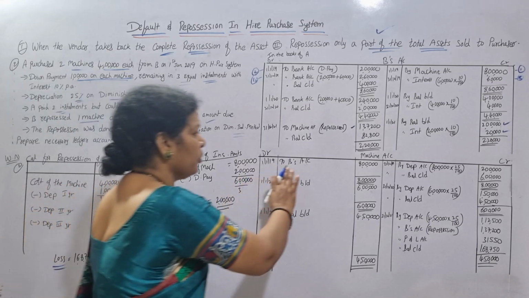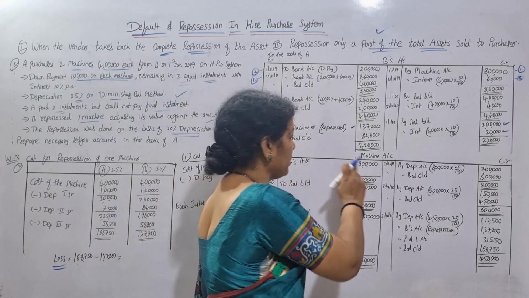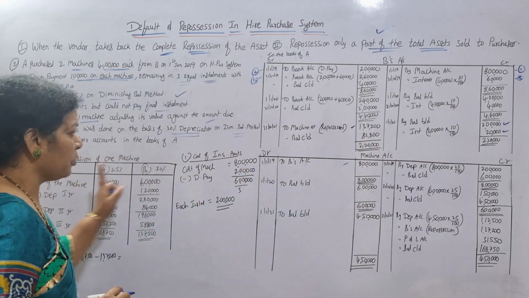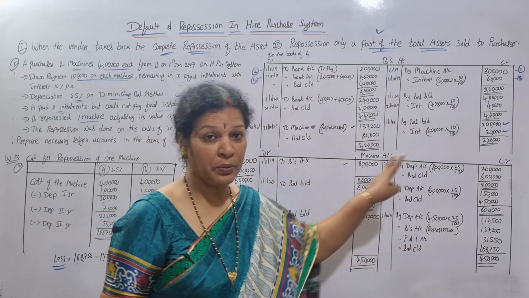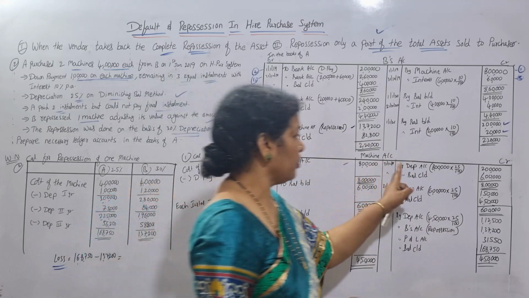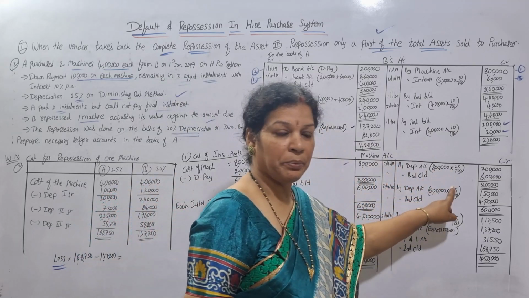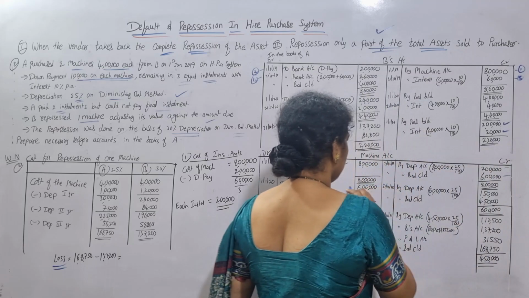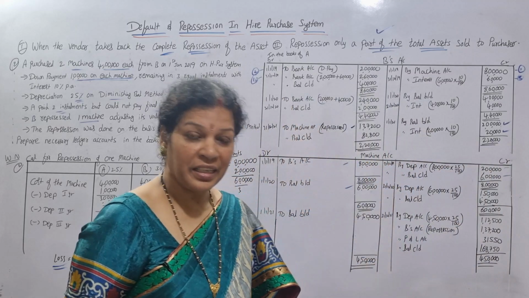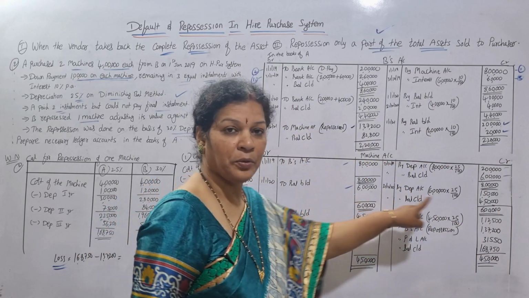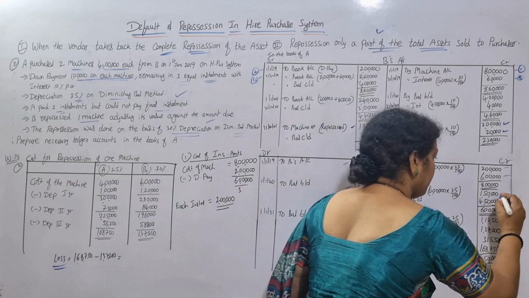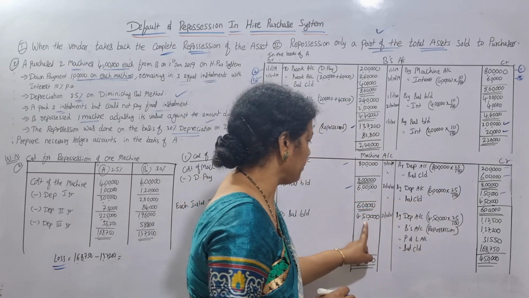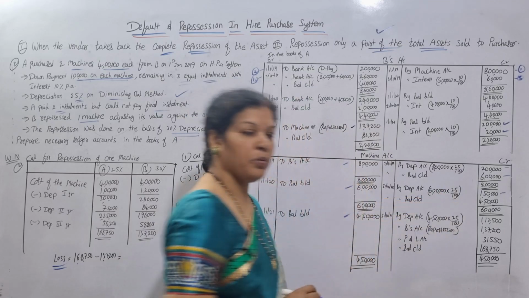Machine account is for both the machines. So 8 lakh into 25% comes to 2 lakh. Balance carried on, brought down. Second year, on 6 lakh 25% is 1,50,000. So this balance carried on is 4,50,000.